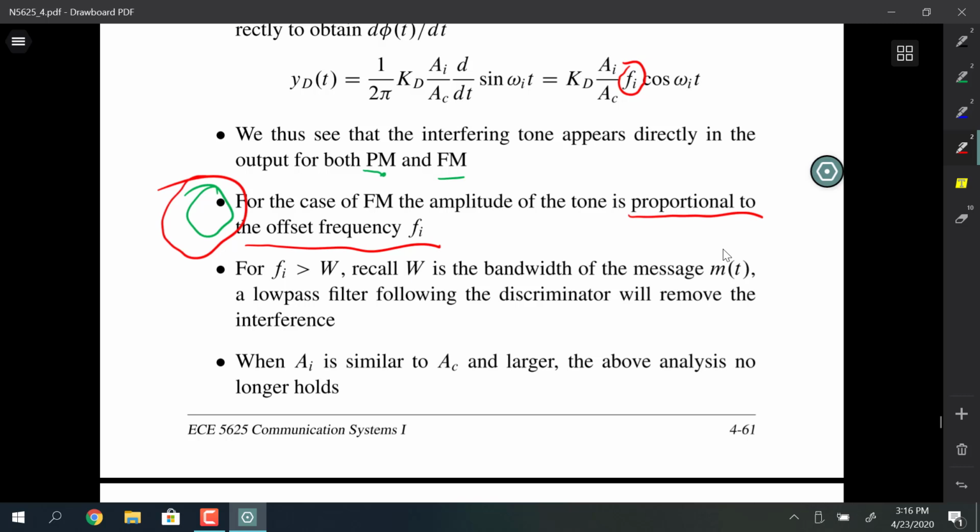But if we have a bandpass filter at the front end of our receiver, we can reject that interfering tone. So we're going to assume that if we have a bandwidth W as the bandwidth of the message, then following the action of the discriminator, we've gotten rid of that. It's gone.